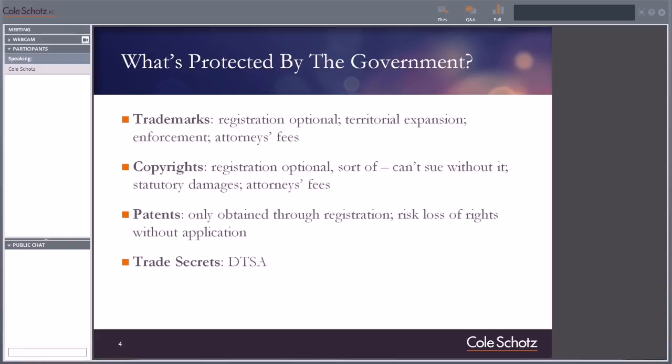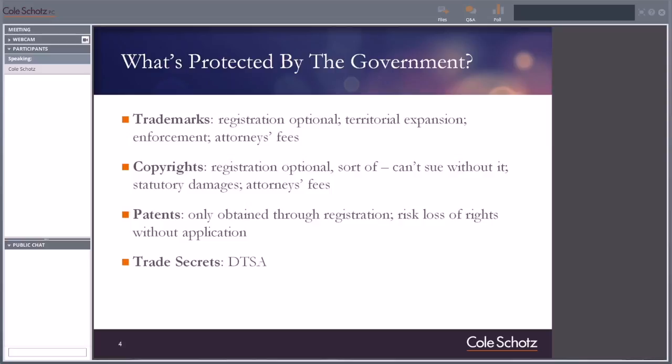In order to bring a claim for trademarks in federal court, the enforcement activity, you will need a registration. And there are certainly different opinions, but my view has always been that federal court is a much preferred forum for resolving disputes. Trademark registration also gives you the possibility of recovering attorney's fees.